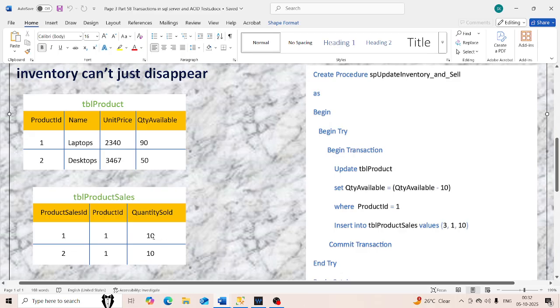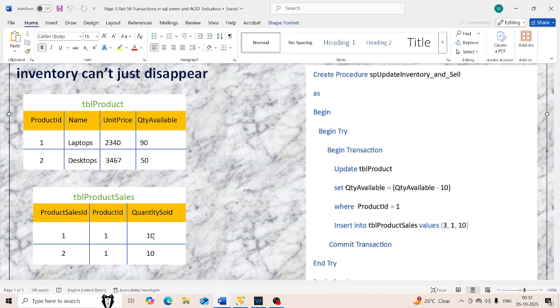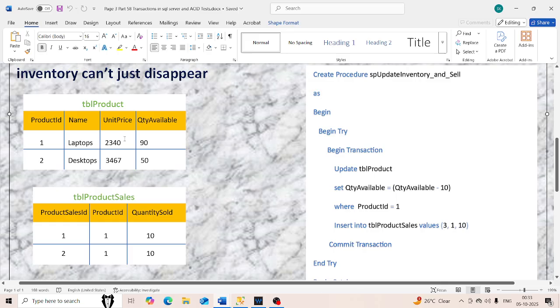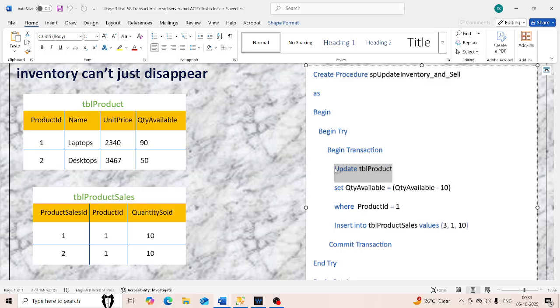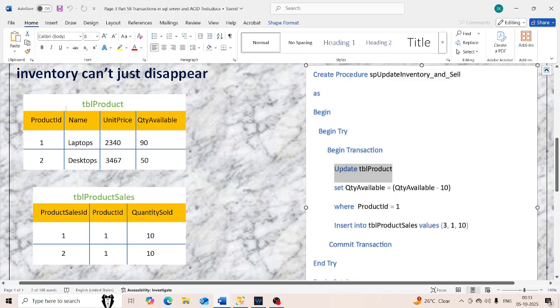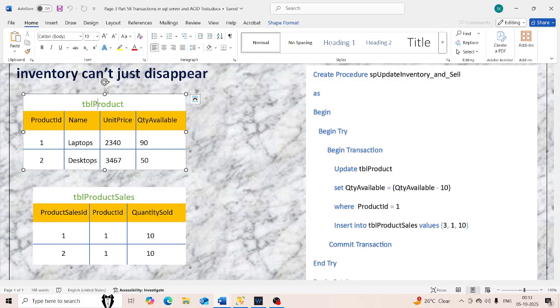So basically when we sell a product, two things happen: update the tblProduct table, and insert a row into the product sales table.